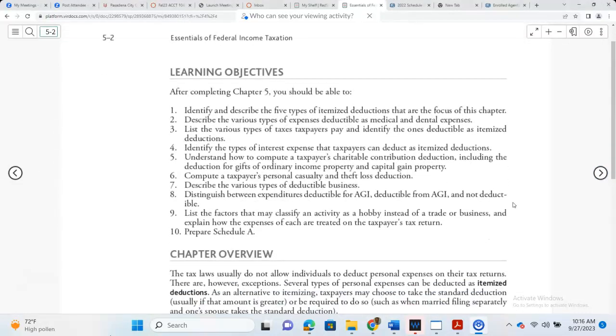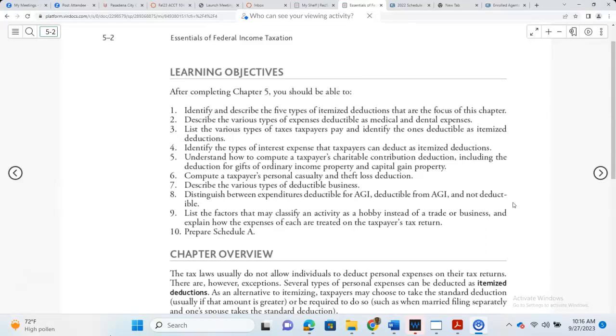So let's keep going. The learning objective is obviously the standard deduction compared to itemized deduction. The standard deduction is a limit that everyone can use, but if you have a property, mortgage interest, property tax, let's say big, huge medical expenses, in that situation, you might want to do itemized deduction.